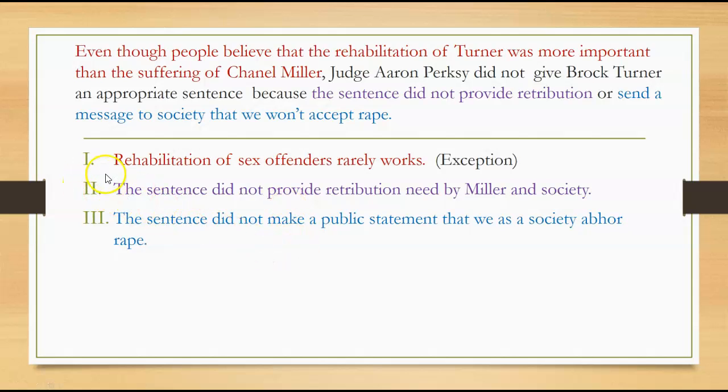Secondly, these two items right through here, I think could be argued either way, and both of these show that Miller needs retribution. That's not evidence that's provable.